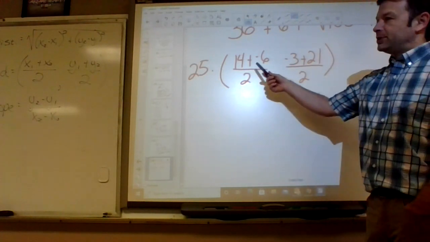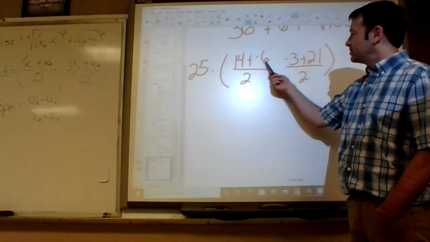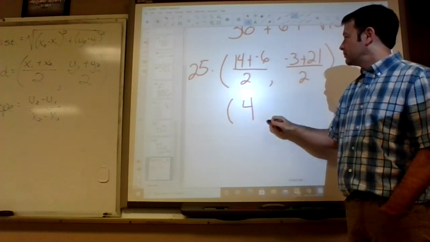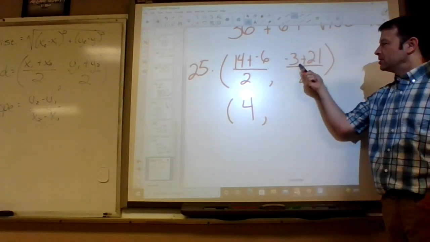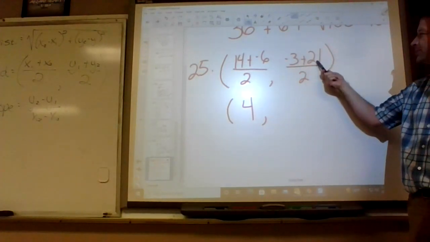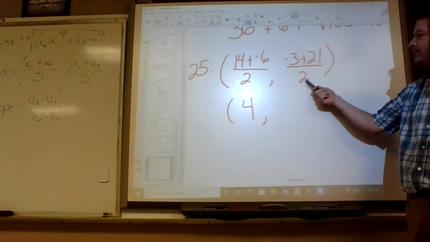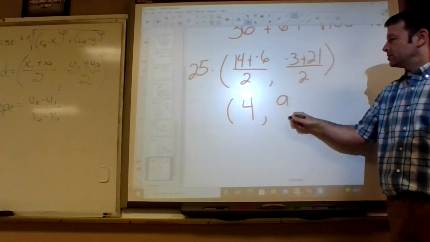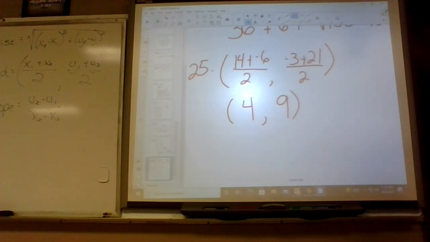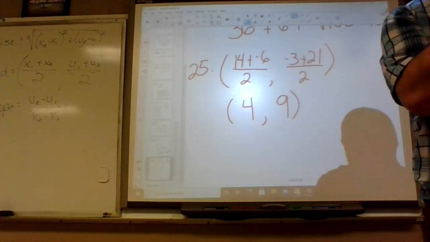What is 14 plus negative 6? 8 divided by 2 is 4. Square root of 100 equals 10. Negative 3 plus 21 is 18, divided by 2 is 9. So it's 4, 9, right in the middle of those 2 points.